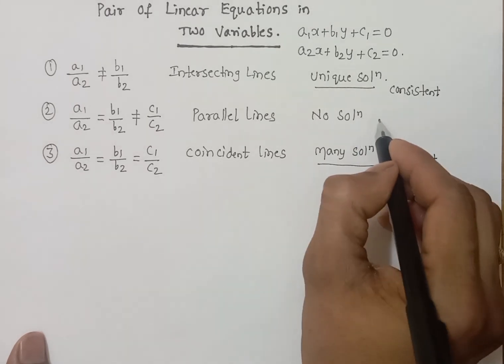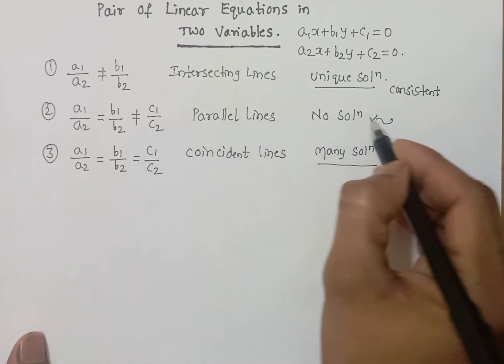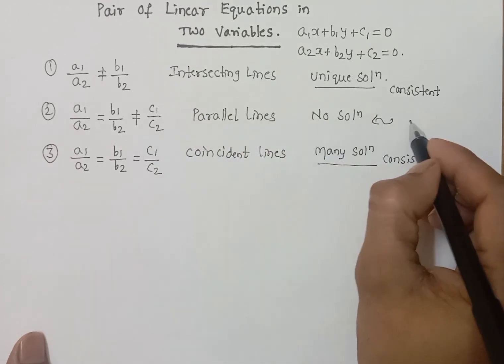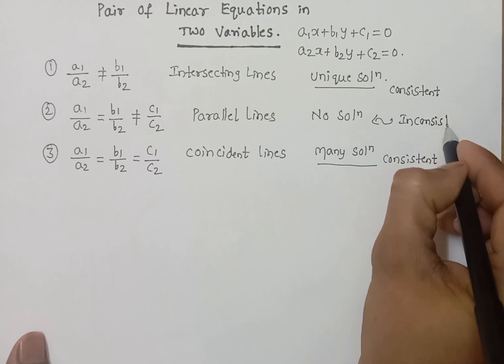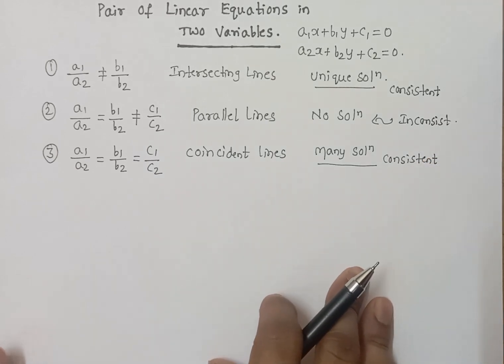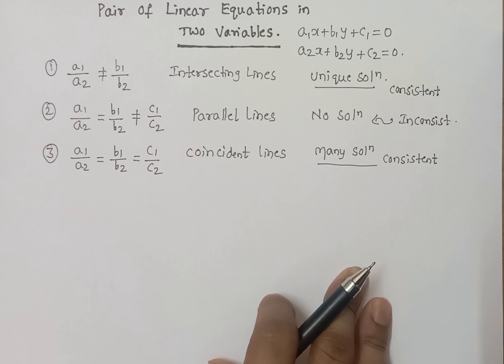In the case of parallel lines and no solution, it comes under inconsistent. Now suppose you are given two linear equations and asked whether they are consistent or not. Let us take one example.